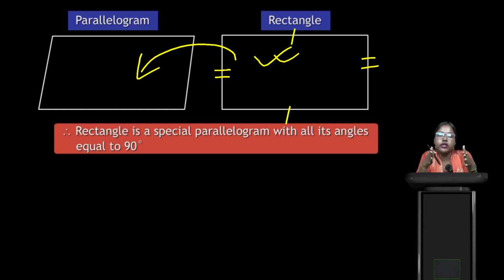If all angles are not equal to 90 degrees, then also it is a parallelogram if opposite sides are parallel. But in the case of a rectangle, opposite sides being parallel is not enough of a condition to call it a rectangle. What is the other and most important condition? The angles must be equal to 90 degrees, then only it will be a rectangle.